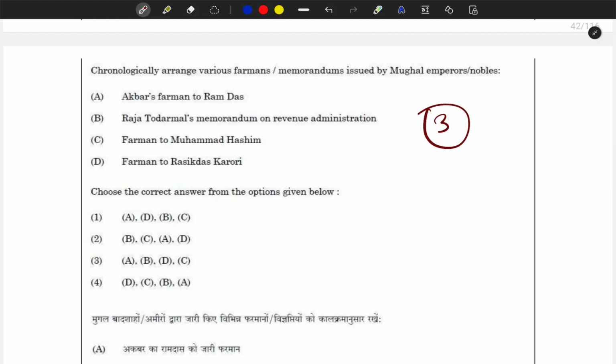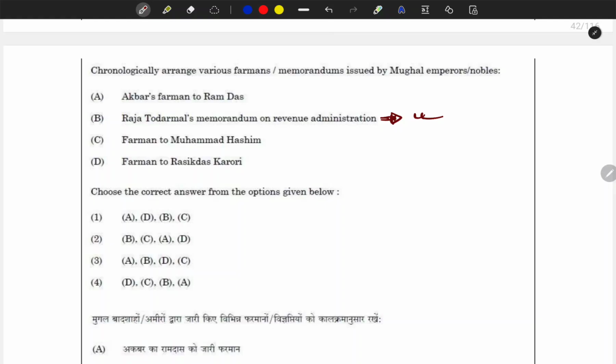Here, Akbar's Farman to Ramdas and Raja Todarmal's memorandum on revenue must have been in the initial phases, if you know this, because Akbar actually took over power later on. So this should be in the initial phase. Next for me is Farman to Muhammad Hasim, Farman to Rasik Das Karori.